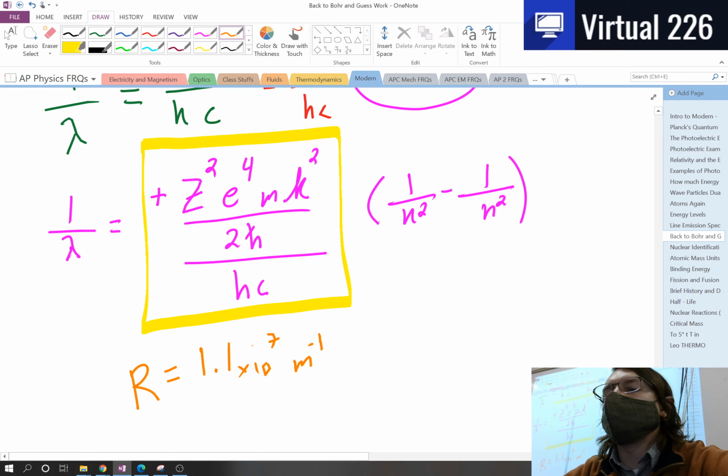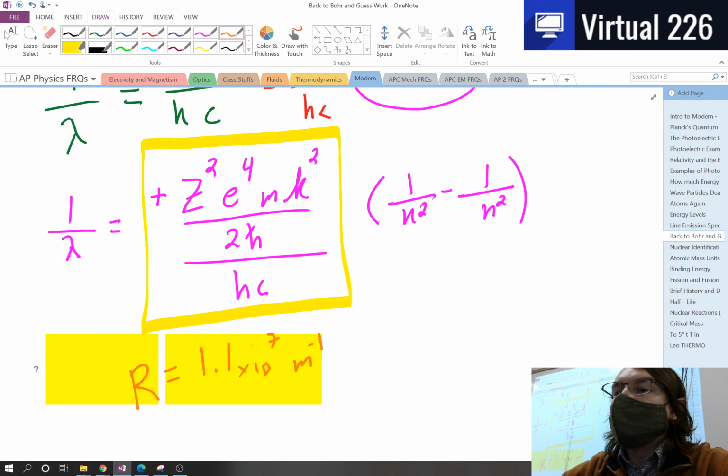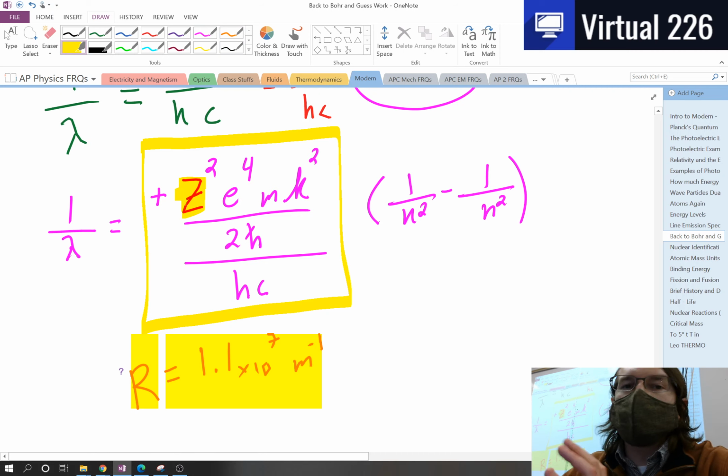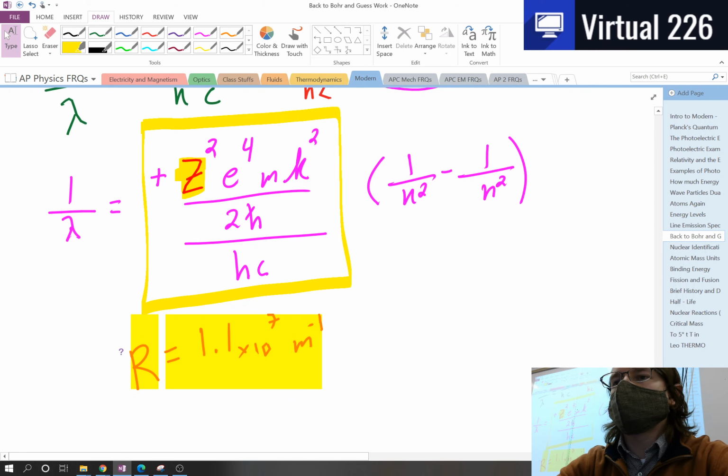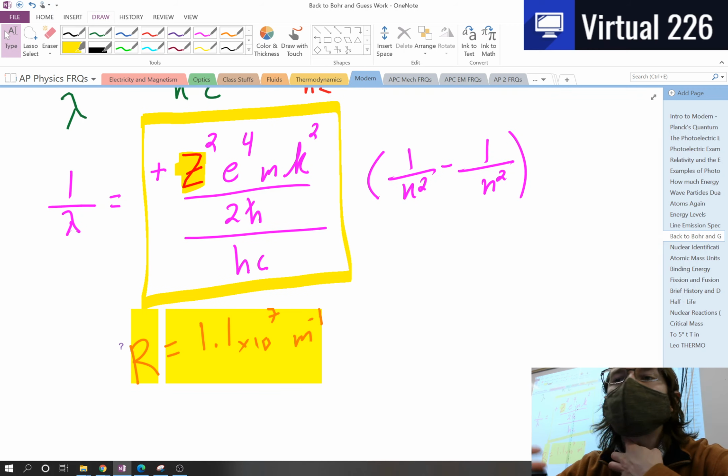How wild and wacky is that? And this does continue the assumption, as Mikey just pointed out, that this equals 1.1 times 10 to the 7th when Z is 1 for hydrogen, okay? If we didn't have hydrogen, this would have to be like R Z squared and then times the quantity.